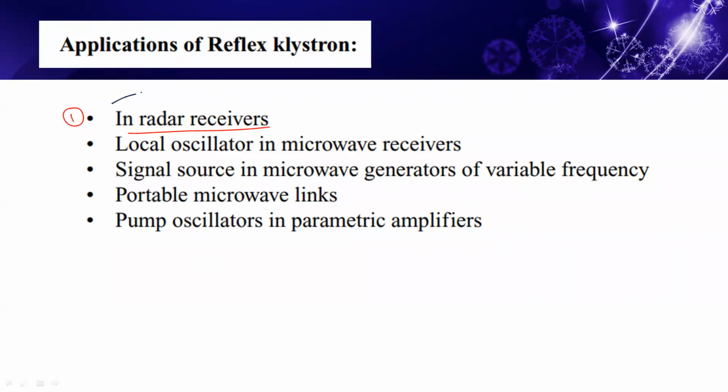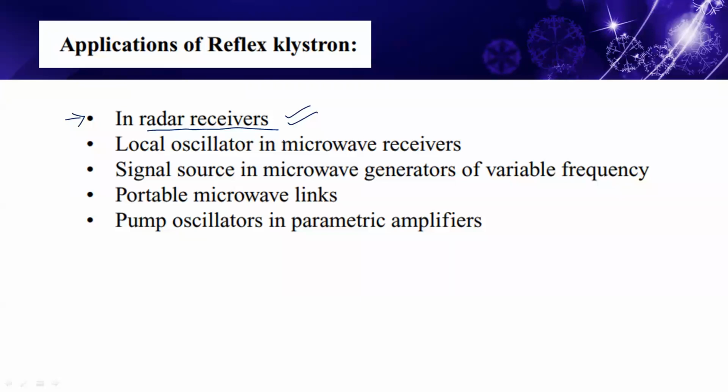It is very popular in radar receivers, while making telemetry tracking, attitude control systems. Clear? So in all this, it is used as radar receivers. The first application of the reflex klystron is in radar receivers.